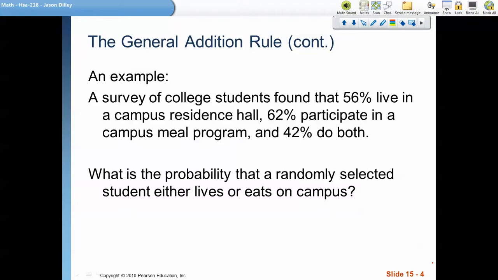So one thing that I want to stress to you guys in this chapter is using your notation. Understanding how the notation works can really assist you in solving problems. A lot of times, because in probability we do have formulas, there are some formulas that we can use to solve things. And if you're really good at understanding the notation, then you can apply things to the formula really well.